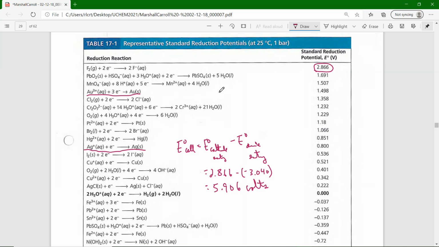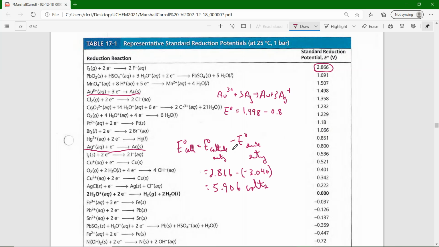So I'd end up with Au3+ plus 3Ag goes to Au plus 3Ag+. That happens spontaneously, and the E0 for that would be the gold entry, which is the fourth one down, 1, 2, 3, 4, 1.498 minus the silver entry, which is 0.8.